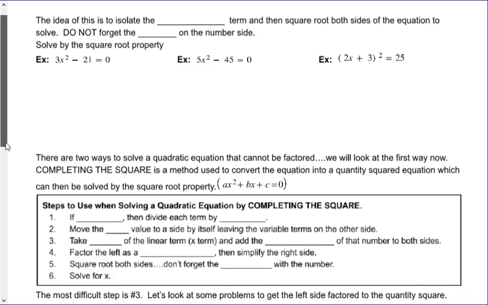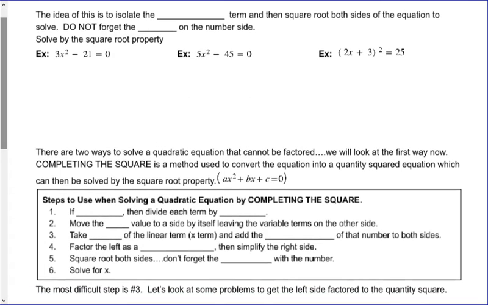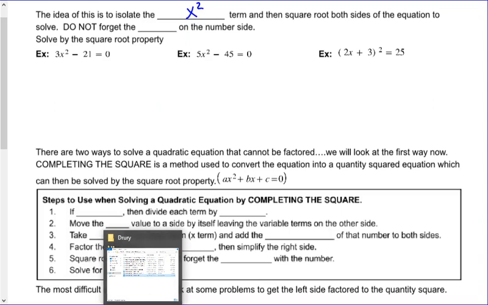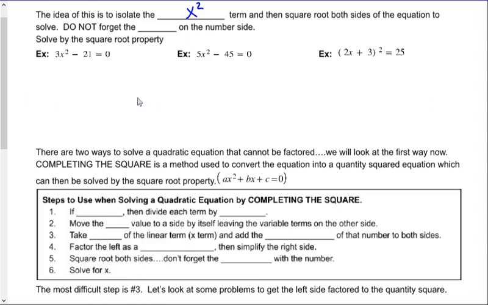So if you go to the next page, the idea is to isolate the x squared term, and then square root both sides of the equation to solve. Now when I do that, there's going to be two answers that work, so don't forget the plus or minus on the number side.